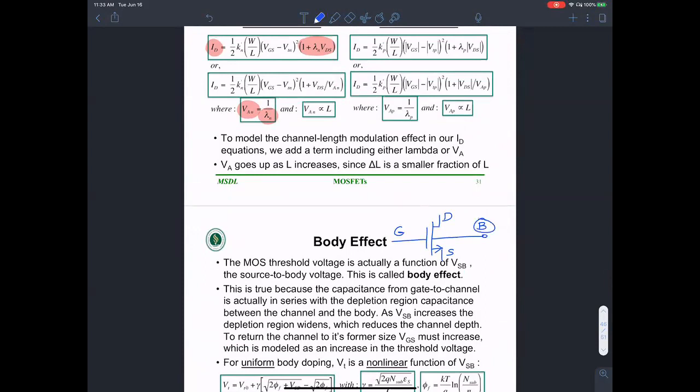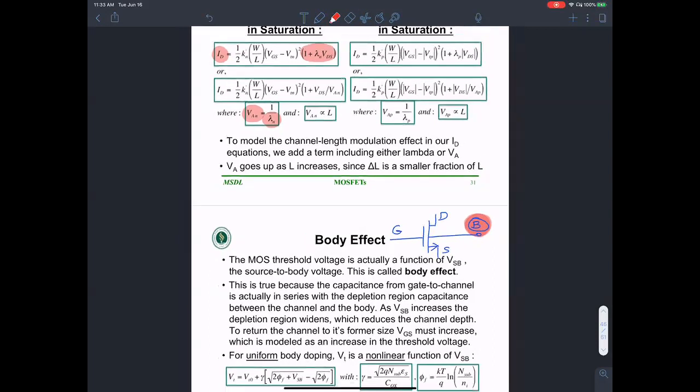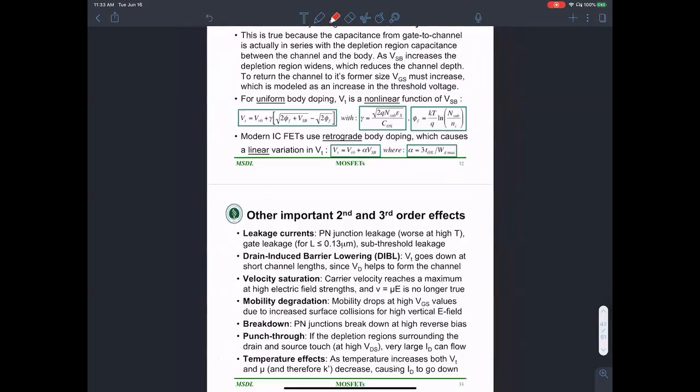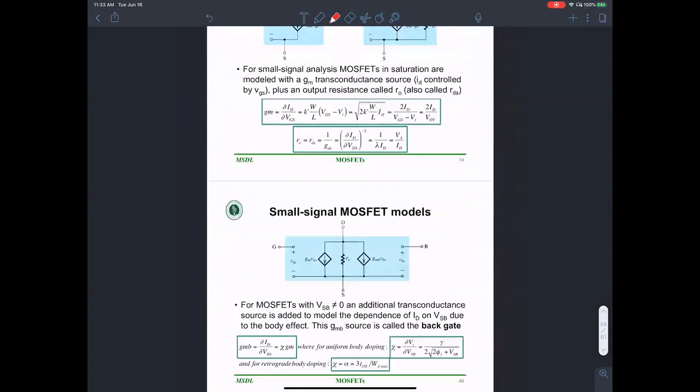That's going to act as a back gate. Body effect is also called the substrate effect or back gate effect. So we'll have to talk about how the body affects the operation of MOSFETs. We ignored this all along, right? That's something we are going to talk about, and then a few higher order effects, and then some problems.